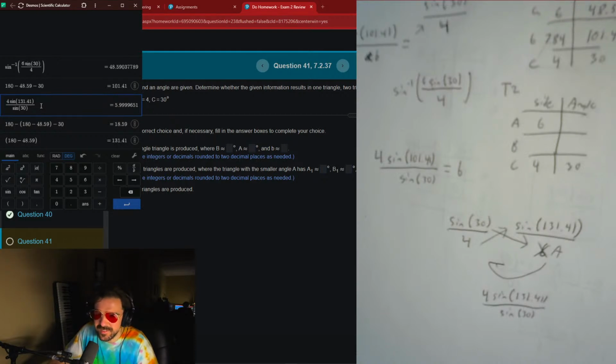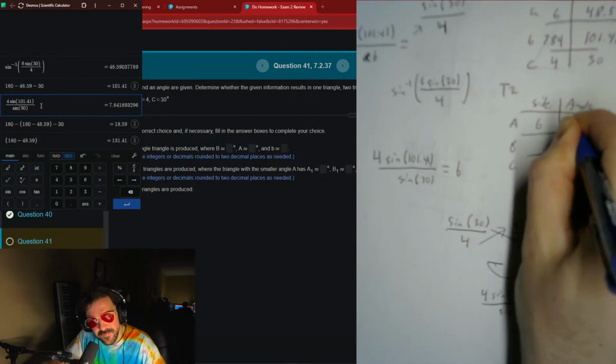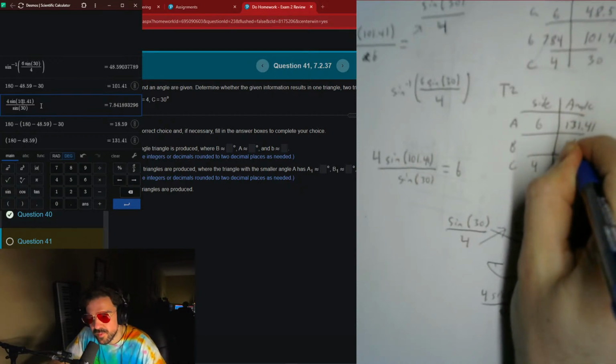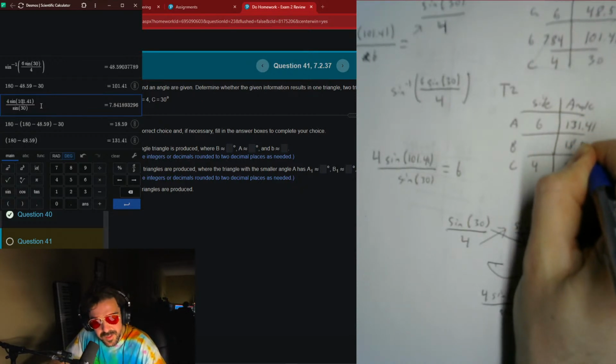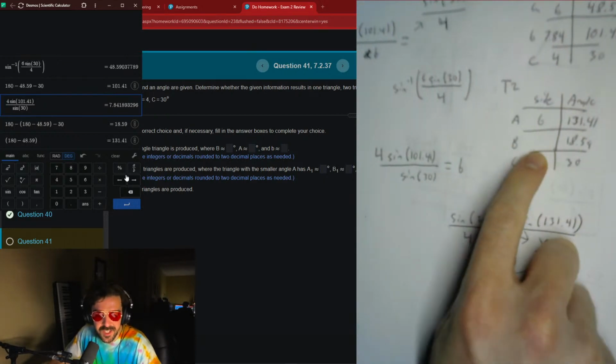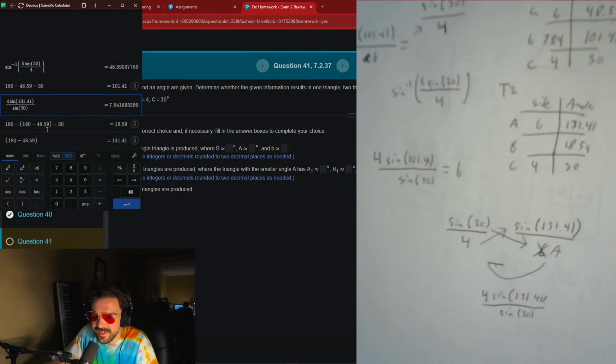It's because it's rounded, right? So that should be the other option for A, 131.41. And that leaves us with 18.59 as the other B. This one won't have the same length because this length has to change to make the second triangle. And that's how we know.